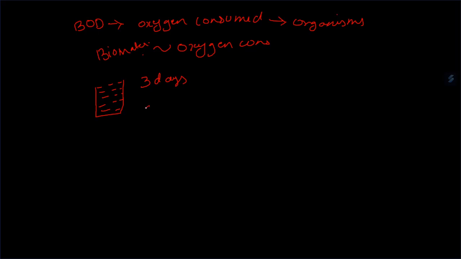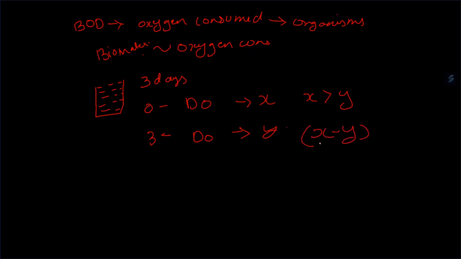On day 0, dissolved oxygen is measured, say the value is X, and on day 3, again the dissolved oxygen is measured, say the value is Y. Definitely the dissolved oxygen present on day 0 is more, that is X will always be greater than Y, since it is consumed by organisms and it will reduce. So the difference between X and Y is nothing but our BOD.